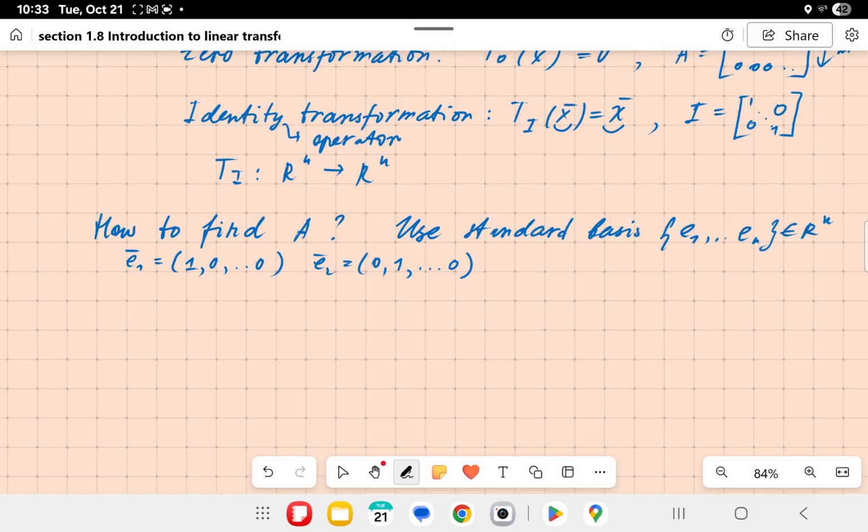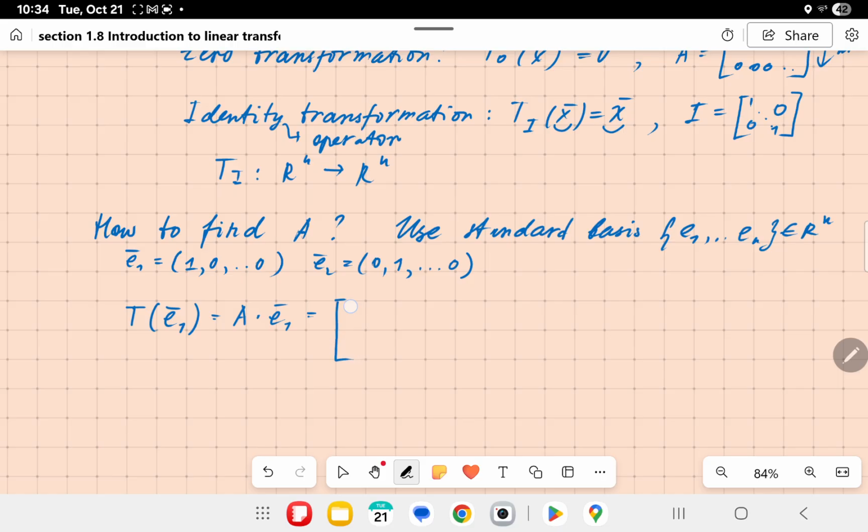Let's see how it's going to work. Let's imagine that we apply our transformation, which somebody gives us, to this standard basis. We remember that a transformation is matrix A just applied over the standard basis vector, right?